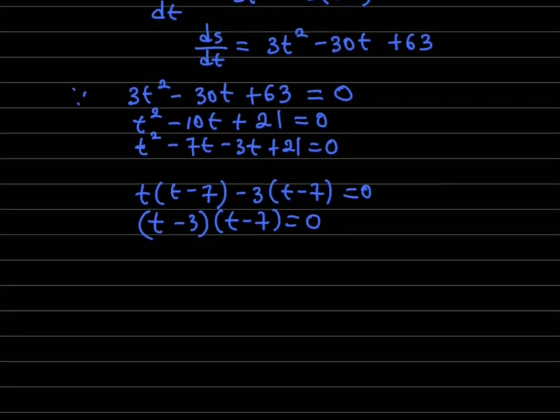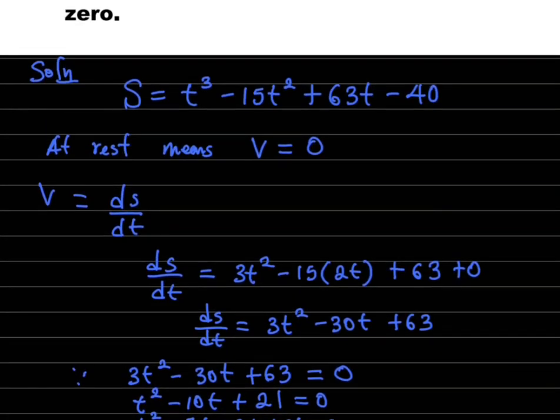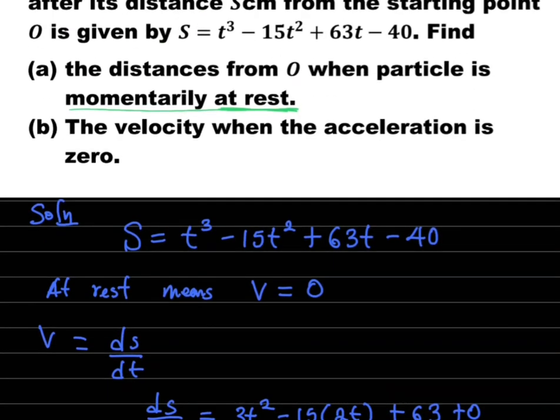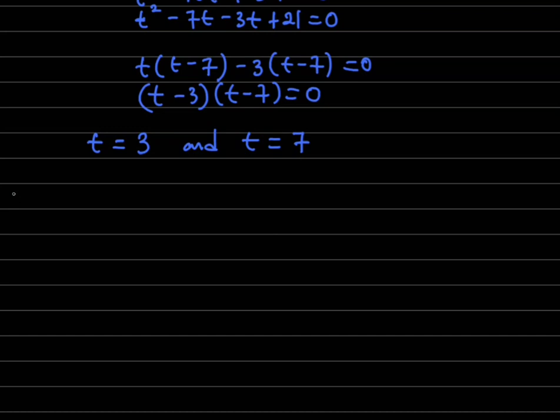So therefore, the times at which velocity is equal to 0 will be t is equal to 3 and t is equal to 7. Those are the times that the velocity is 0. So we need to find the distances at which the velocity is 0, that is, it is momentarily at rest. Hence, we are going to have this.